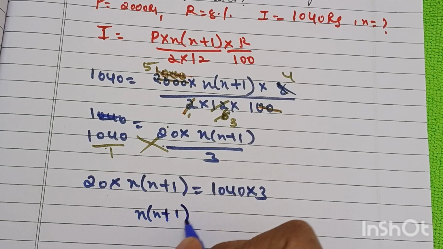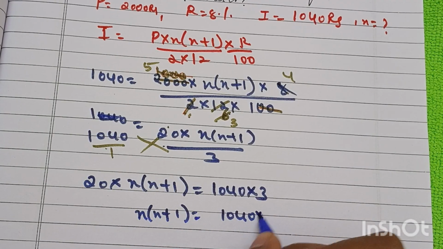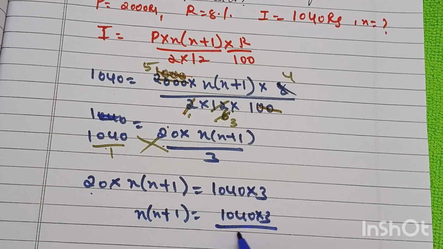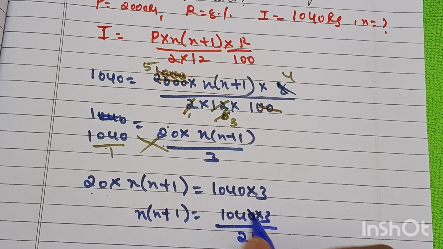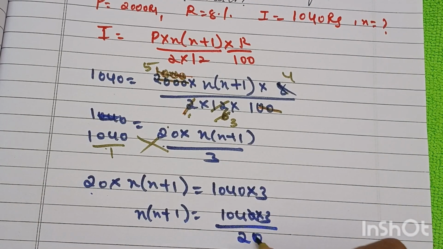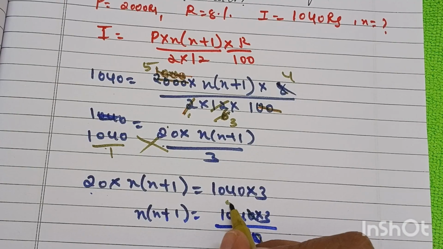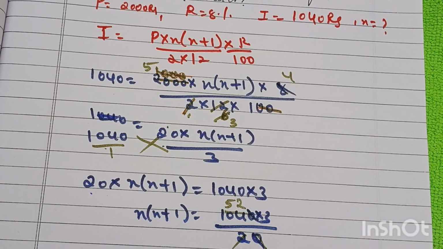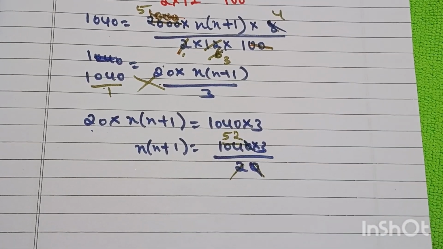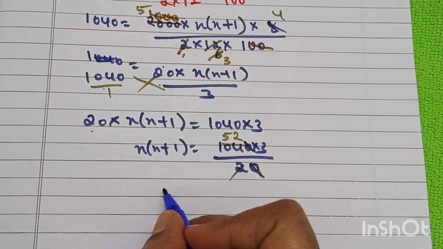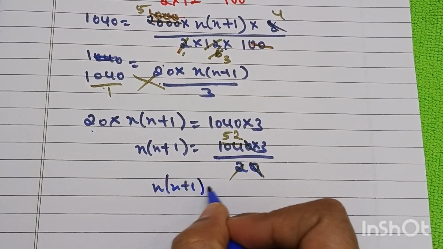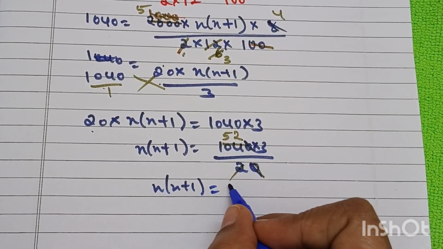N plus 1 equals 1040 into 3 by 20. 0 0 cancel, 2 ones are 2, 2 5s are 10, 2 2s are 4. Now 52 into 3, how much does it come?